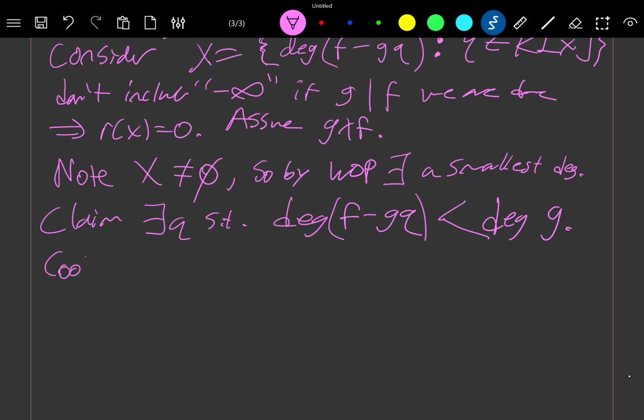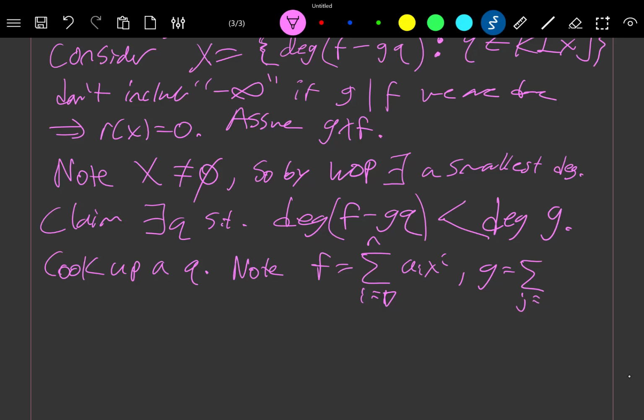So let's cook up a q. First, we note, we write f as a sum of a_i x to the i from 0 to n, and g is a sum of b_j x to the j.